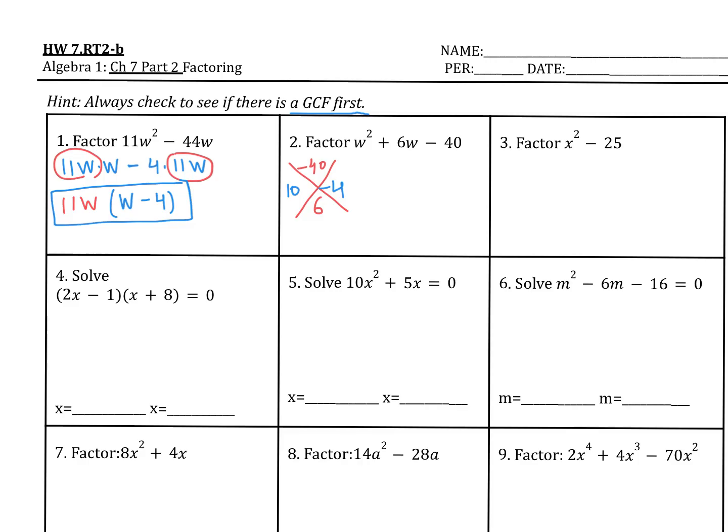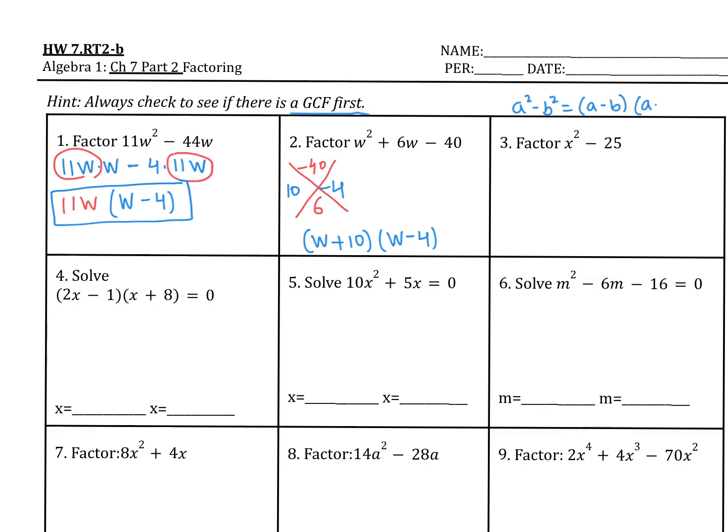So 10 minus 4 is 6, and 10 times negative 4 is negative 40. And how do you write it in factor form? So you just write x, or in this case actually w, plus 10, w minus 4.